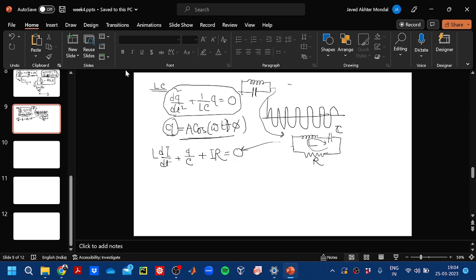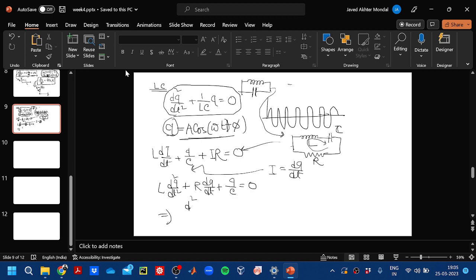Now we know that current is the rate of change of charge, so I equals dq/dt. If we replace I here, then we get L d2q/dt square plus R into dq/dt plus q by C equal to 0.